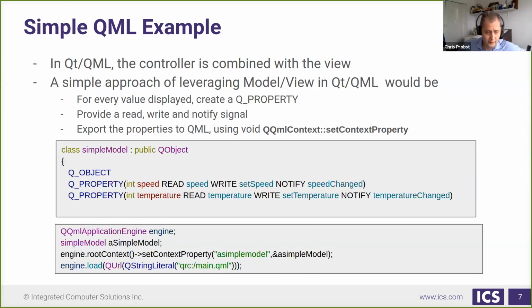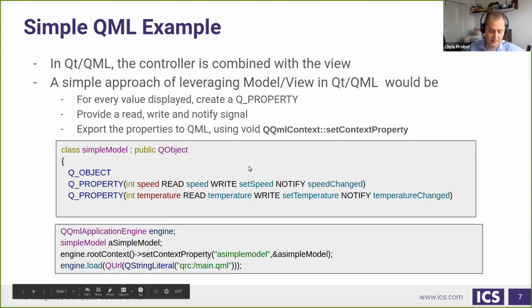So we provide the read function, which the UI will invoke to display the data. We provide the write function, which the UI will invoke if the user from the UI side wants to change that data. And we provide the notify signal that we put in the C++. The developer is responsible for emitting the notify signal when the actual data that this represents changes.